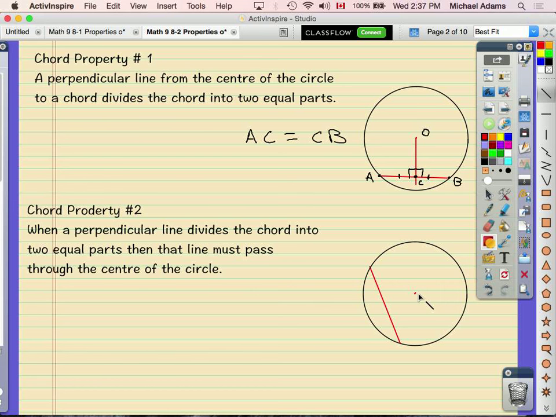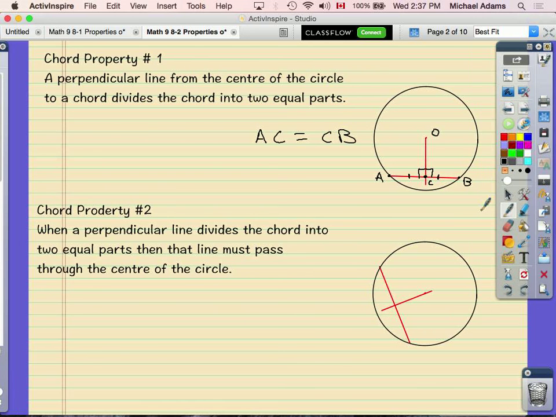If I have a line that divides the chord into two equal parts, then that line must go through the center of the circle. That's all it's saying. And if it divides it into two equal parts and it comes from the center, then we know it is perpendicular, it's 90 degrees. So this line that divides a chord into two must go through the center of the circle.